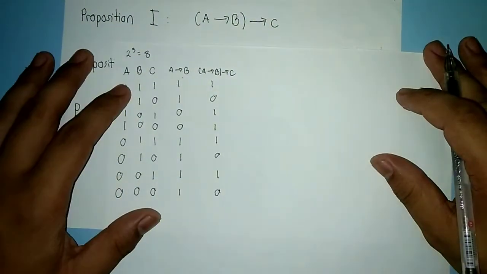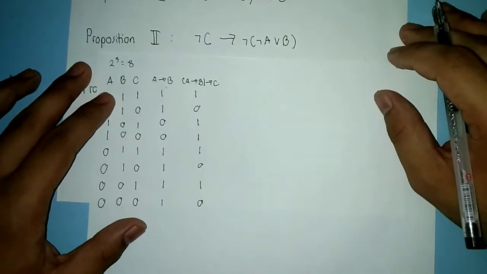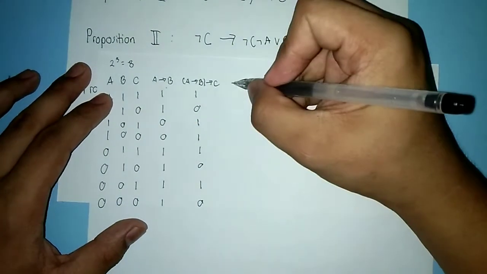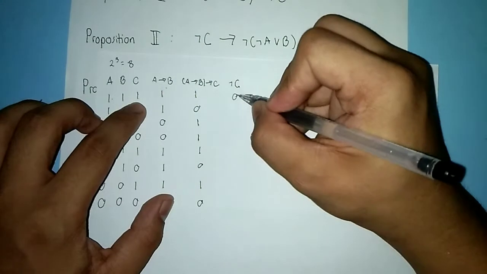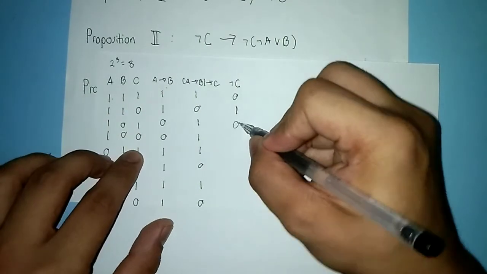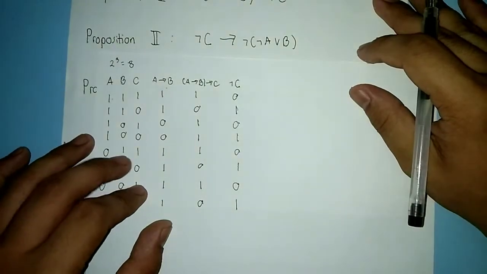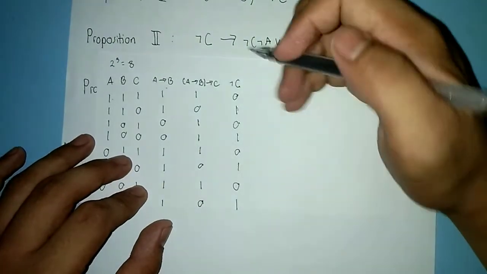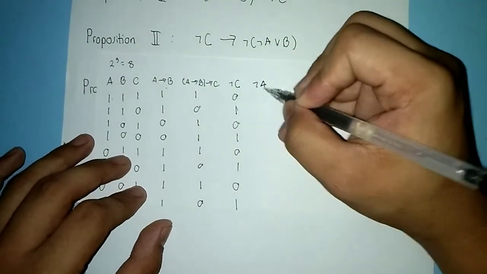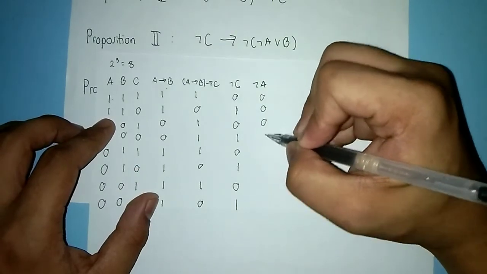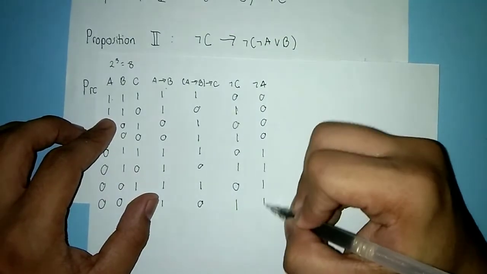So next, we go to proposition 2, not C. So not C, we have 0, 1, 0, 1, 0, 1, 0, 1. Next, not A: we have 0, 0, 0, 0, 1, 1, 1, 1.